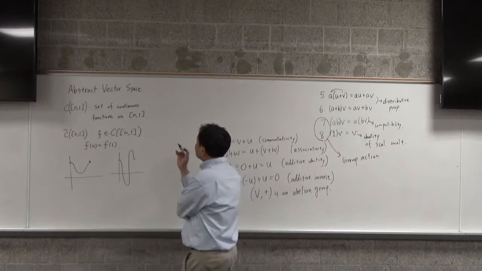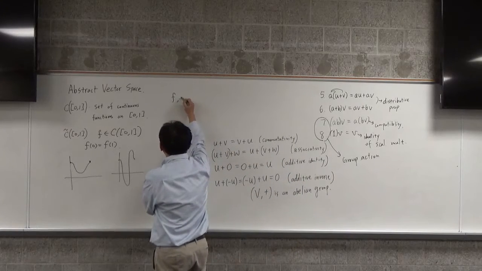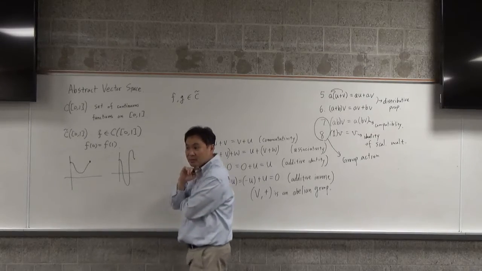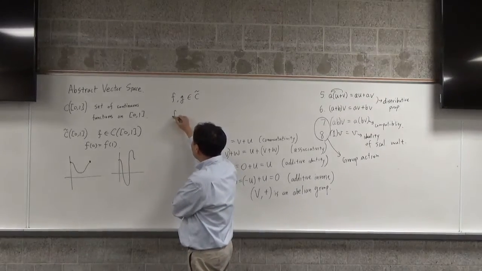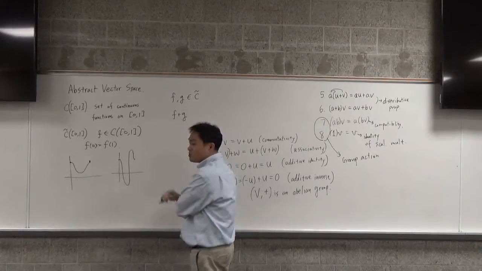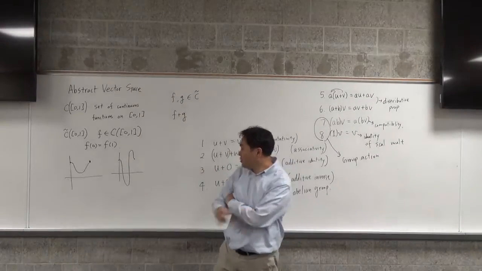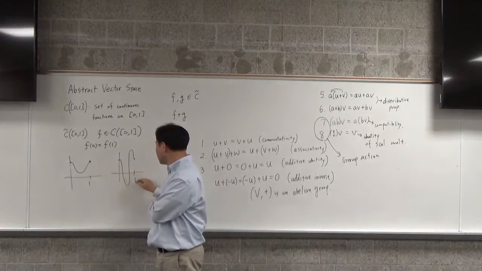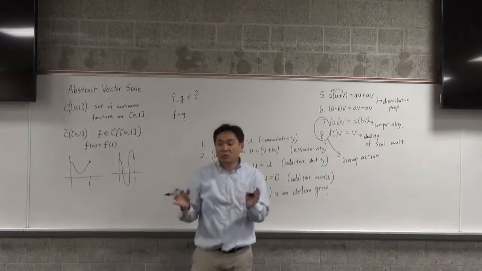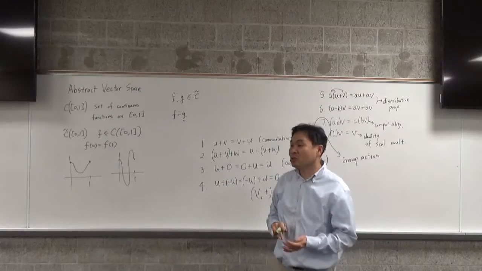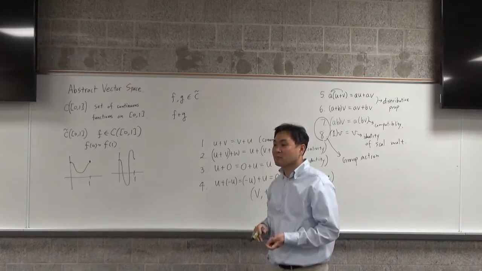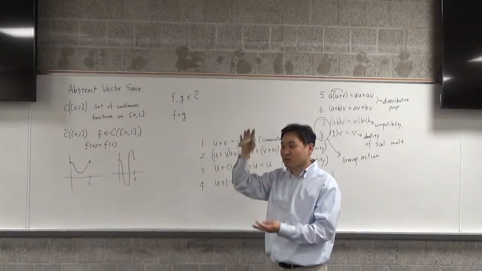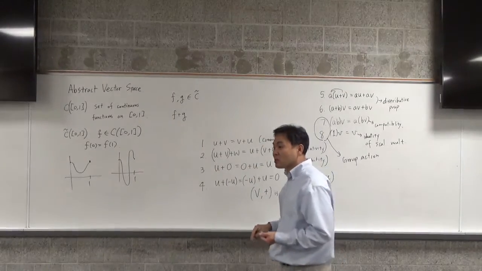Then take two functions from C tilde, and add the two. The question is, if you add one function like this and another function like this, will the sum still be continuous? Yeah, if you have a connected graph and another connected graph, if you add them, you'll still have a connected graph, right?